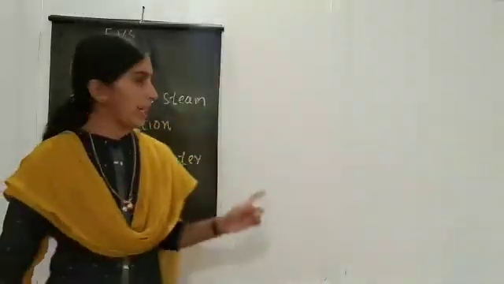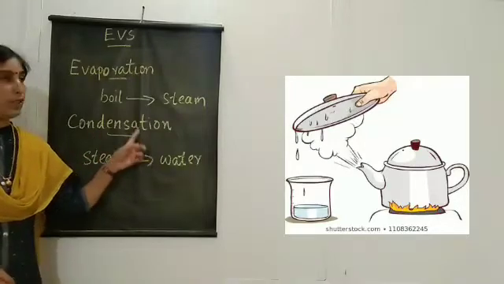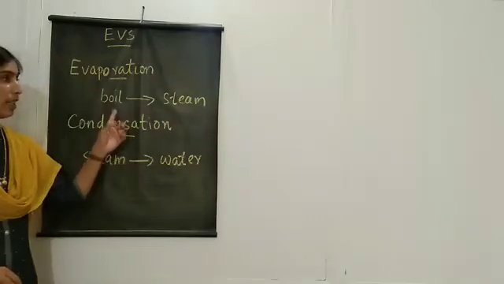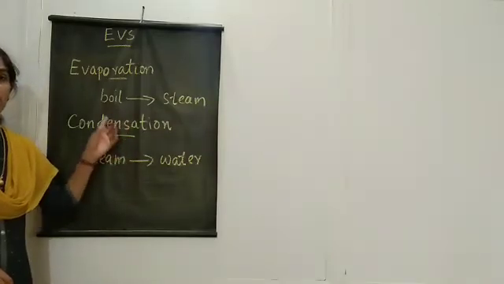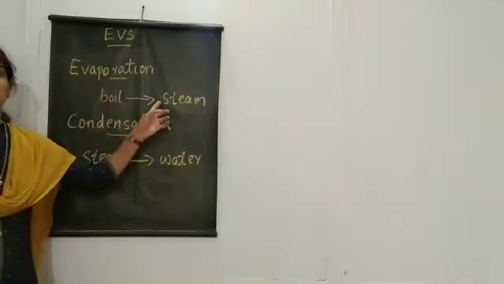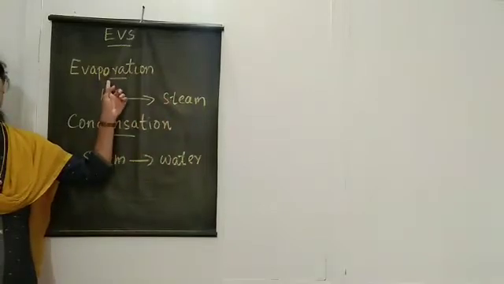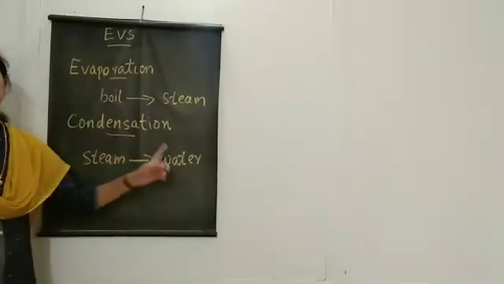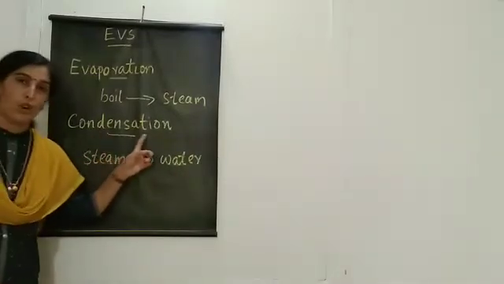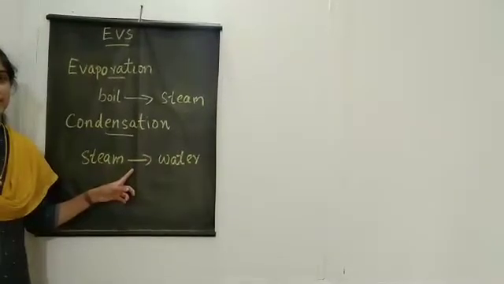This process is called condensation. You understood? Evaporation and condensation, these are the two processes. When water boils and changes into water vapor or steam, it is called evaporation. When the steam changes again into water, that process is called condensation.